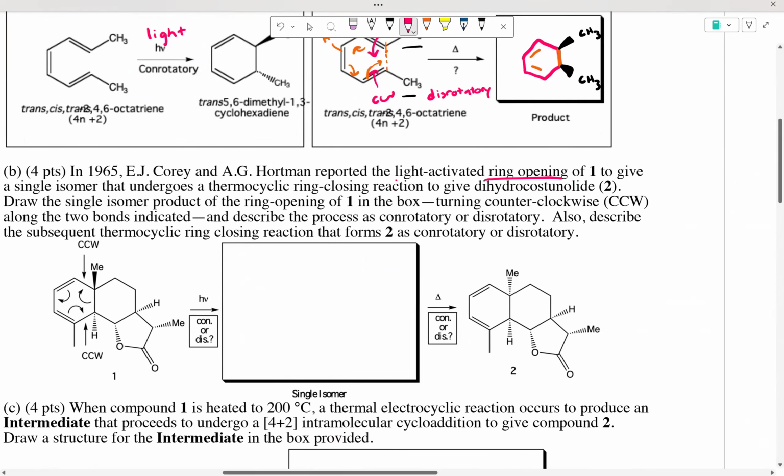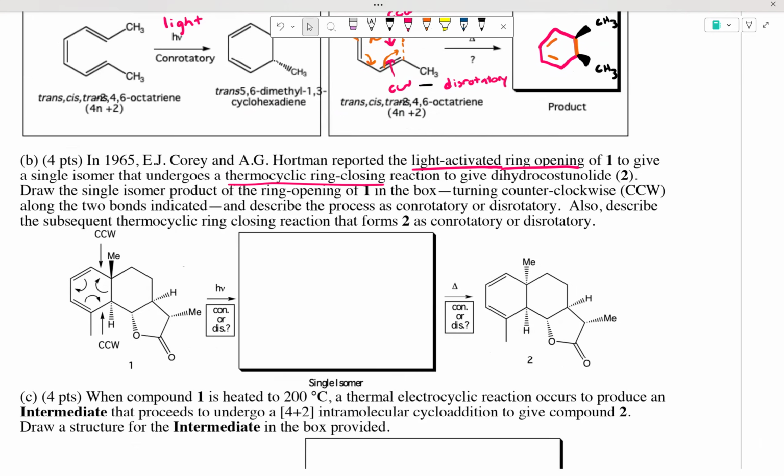Right, activated ring opening, thermocyclic ring closing to give the molecule. Draw the single isomer of the ring closing of one in the box, turning counterclockwise. And describe the process, conrotatory or disrotatory. Also describe the subsequent reaction that happens, conrotatory or disrotatory.